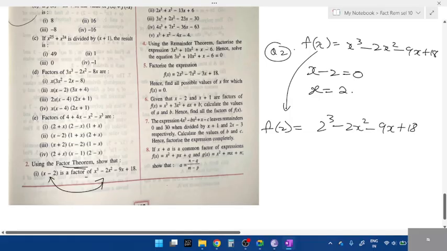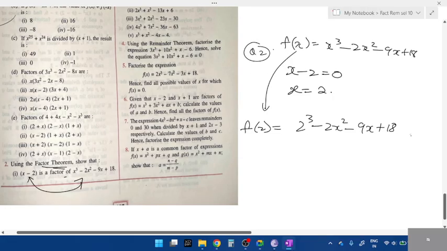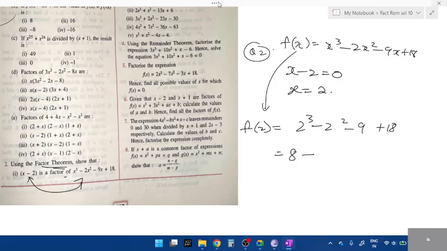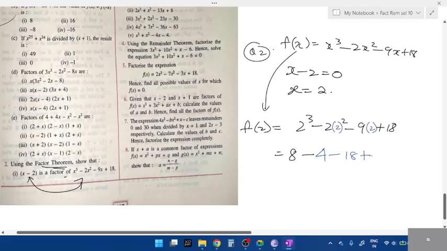If you have to show that this is a factor, after solving, what answer do you have to get on the right hand side? What answer do you have to get, students? You have to get the answer 0, right? Yes. If you have to show it's a factor, you should get 0 after solving. Let us check. 2 cube is 8 minus 2 square is 4 minus 9 2s are 18 plus 18. 4 2s are 8.